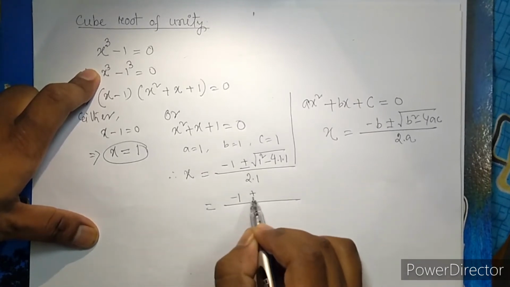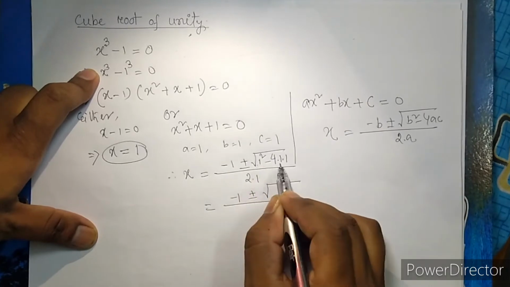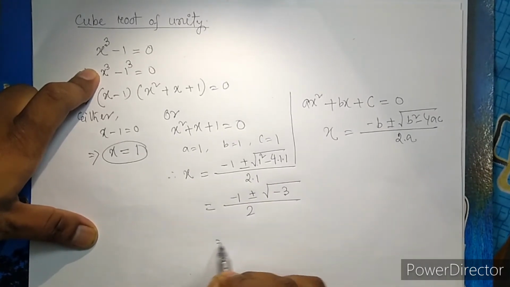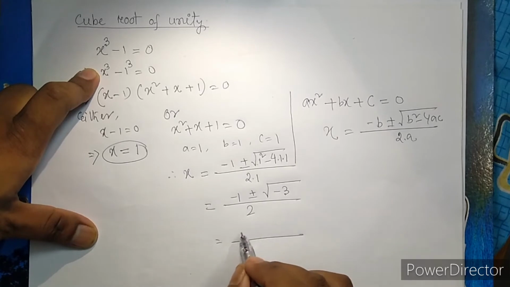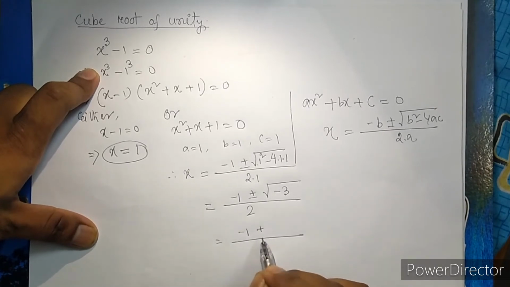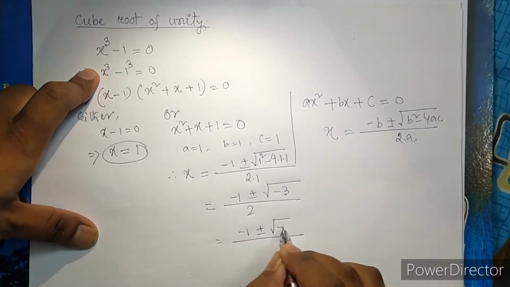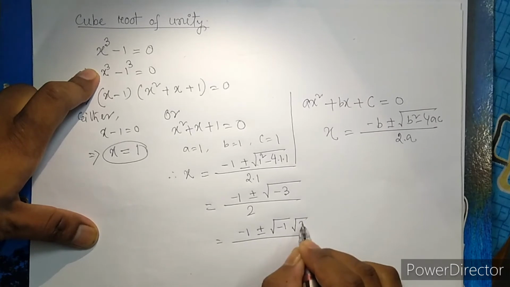So here a equal to 1, b equal to 1, c equal to 1, therefore x equal to minus 1 plus minus root over 1 square minus 4 into a into c, divided by 2 into a. So it has minus 1 plus minus root over 1 minus 4, which means minus 3, over 2. This can be written as root over minus 1 into minus 3.